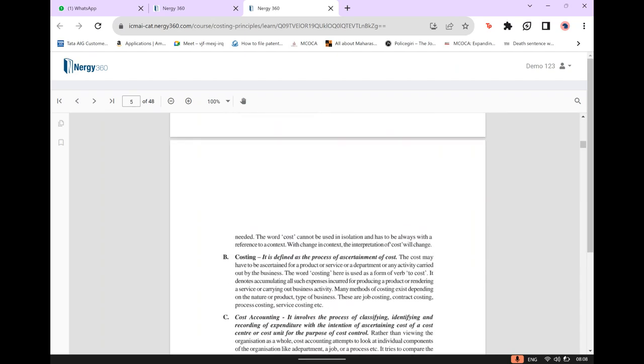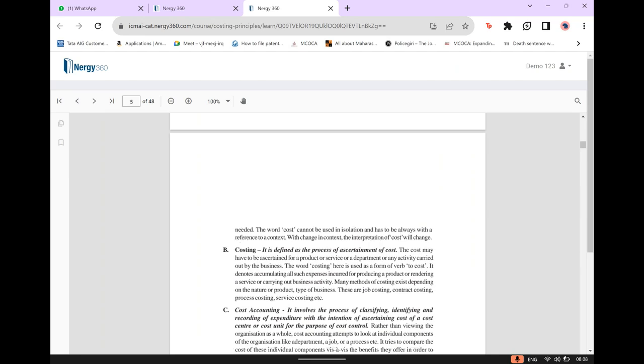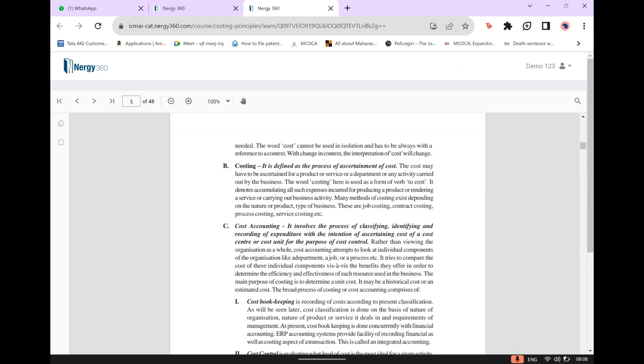And costing is defined as the process of determination of cost. So how you determine the cost is what is meant by costing. Then cost accounting involves the process of classifying, identifying, and recording of expenditure with the intention of ascertaining cost of a cost center or a cost unit for the purpose of cost control. So very important, cost accounting is a process.